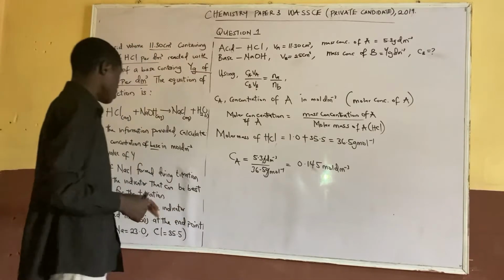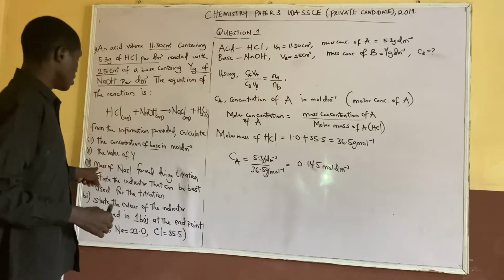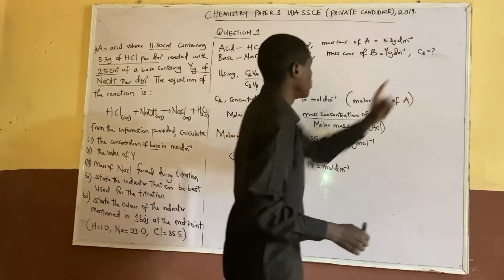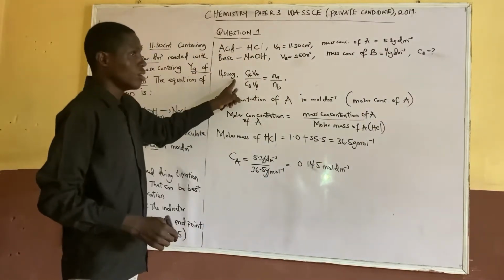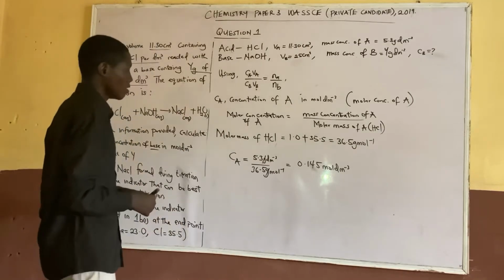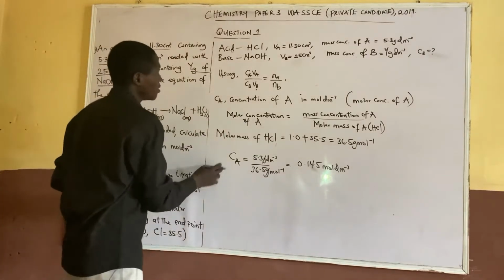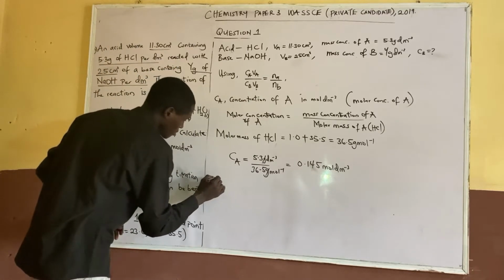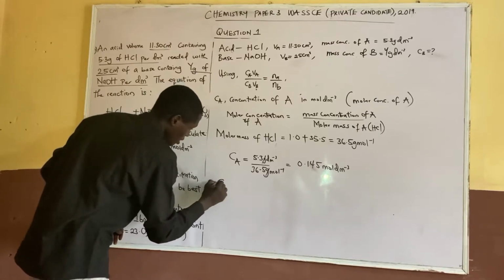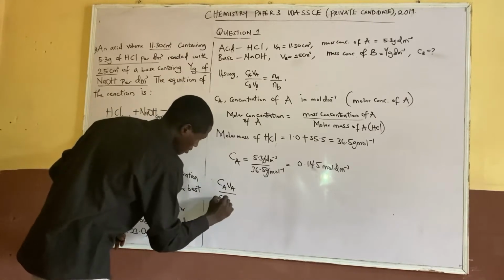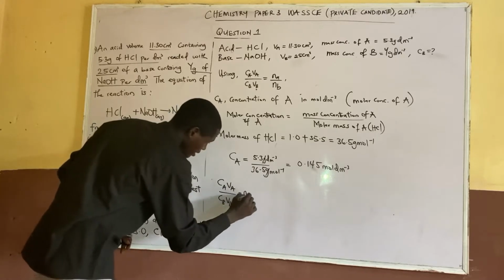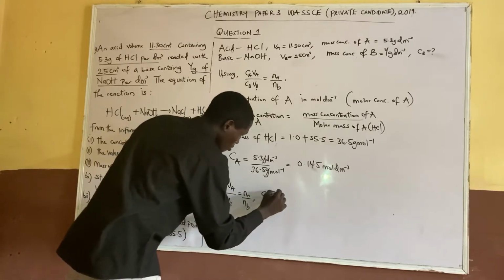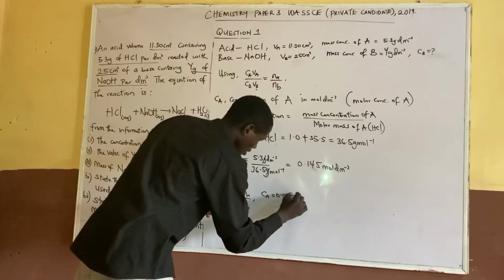That we can now proceed to calculate our CB. Remember, I'm looking for CB. So we can now go back to this formula: CA VA over CB VB equals NA over NB. Now your CA is given as 0.145 mole per dm cube.